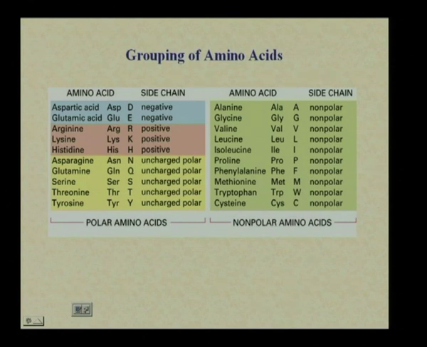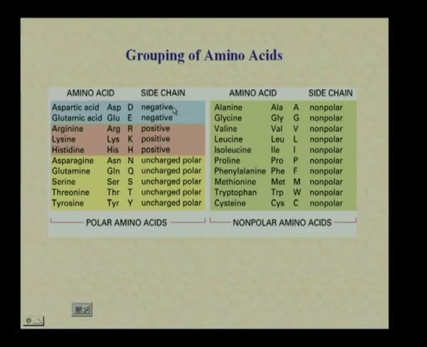The grouping of these amino acids is very important. Now, if you go to different sites or even different books, there are subtle differences in the groupings. But that does not really matter, because we will be looking at the gross groupings, meaning that we will be looking at aspartic acid and glutamic acid.